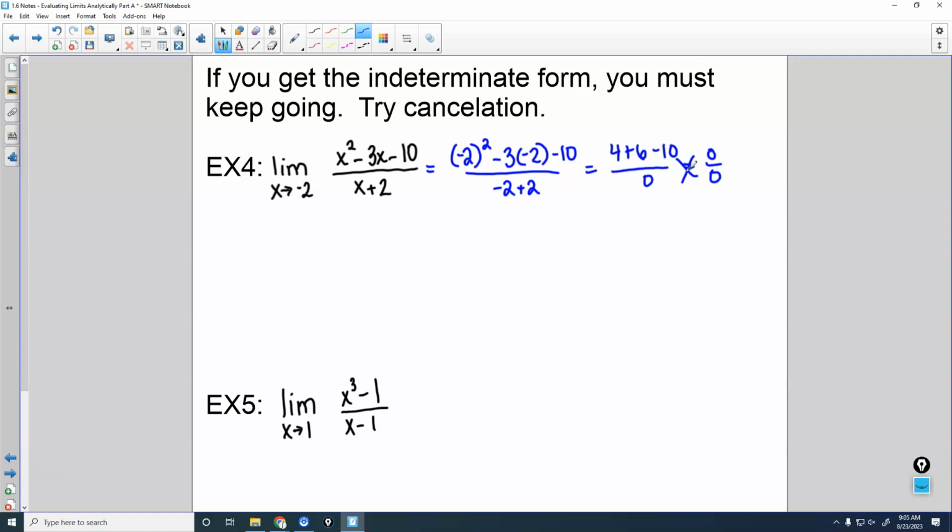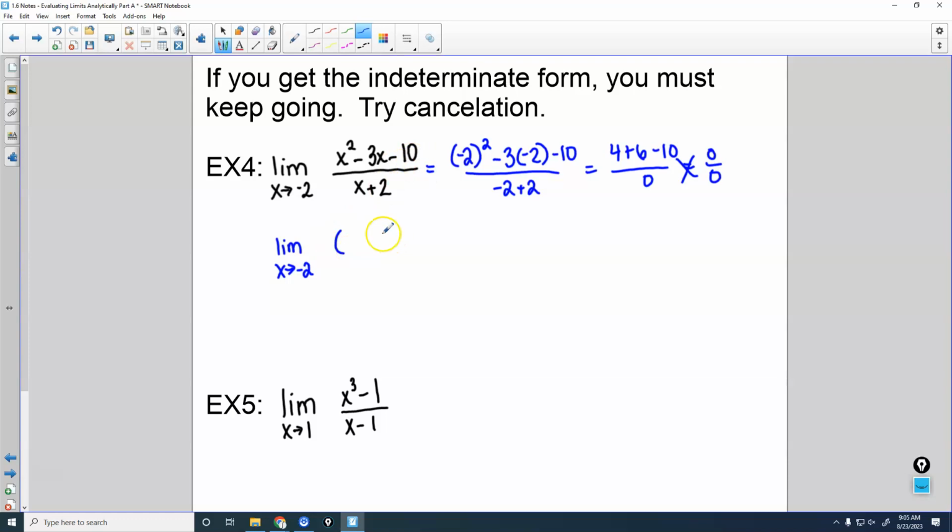So the first thing that you are going to do on a problem like this is, if it looks like this, there's a decent chance it'll factor. And I think we did a few of these in pre-cal, but it's been a while. So if we factor the top, and everybody remembers how to factor, right?